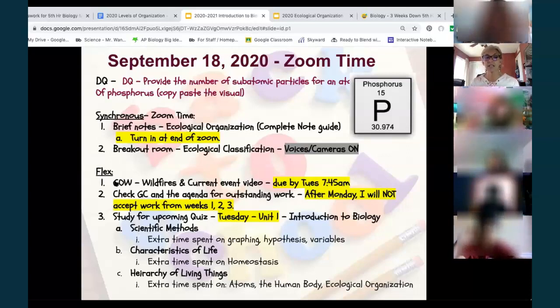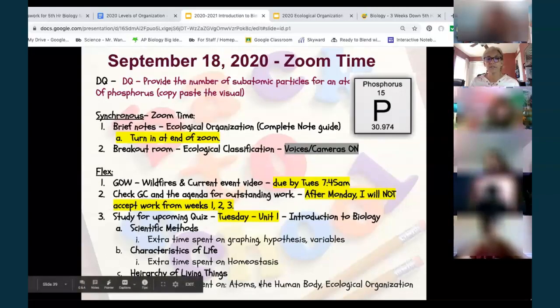The things we talked about in this unit were scientific method, and we paid a little more time and focused on graphing, hypotheses, and variables. We also talked about the 8 characteristics of life, and within that, we spent more time on homeostasis and more time on the levels of organization.